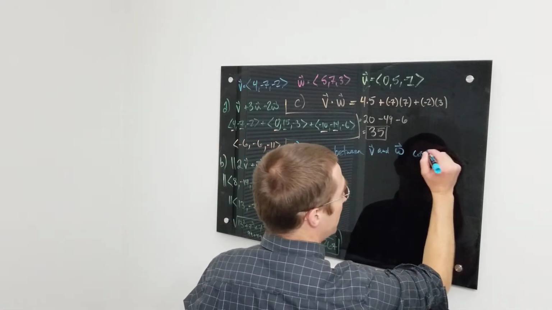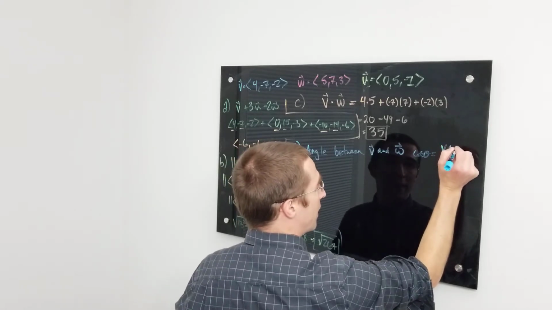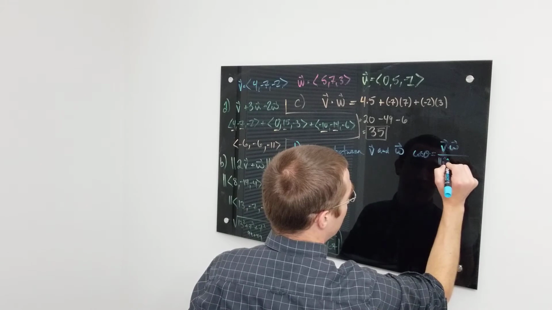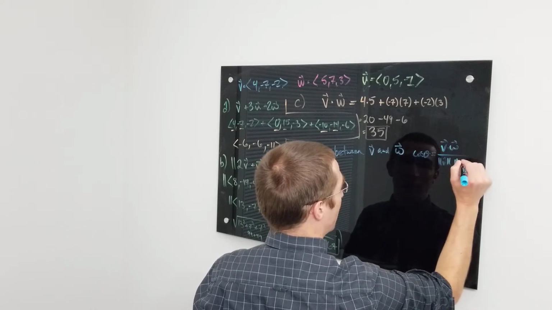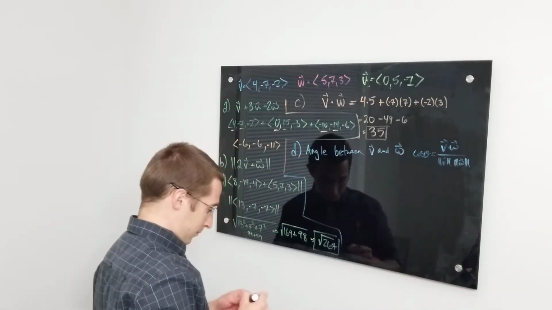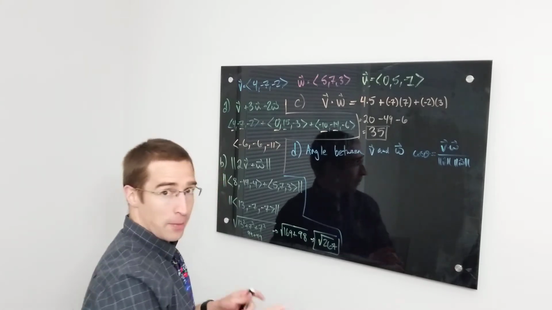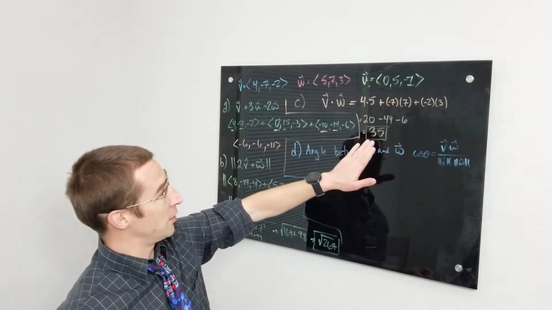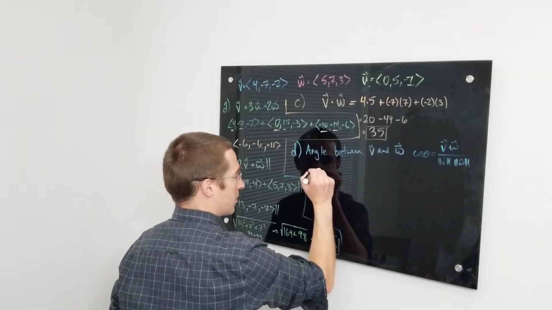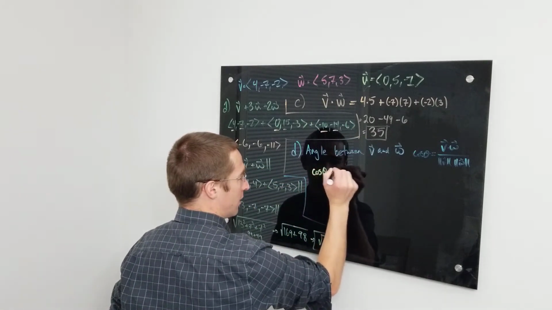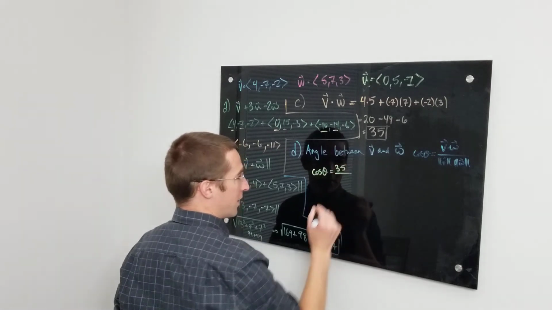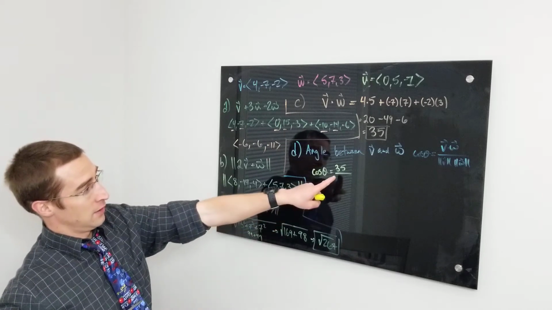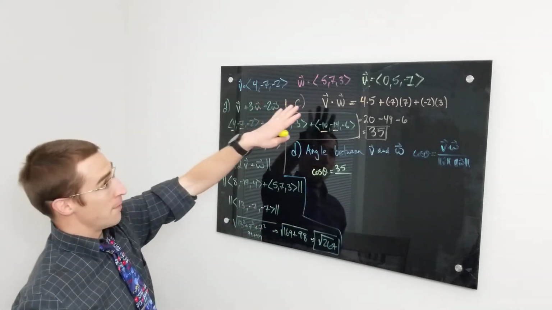So it's cosine of the angle equals V dot W, that dot product, divided by the magnitude of V times the magnitude of W. So if this was a new problem, I would find the dot product of V dot W. I know V dot W is 35. So I've got cosine of theta equals 35 divided by the magnitude of V and the magnitude of W.